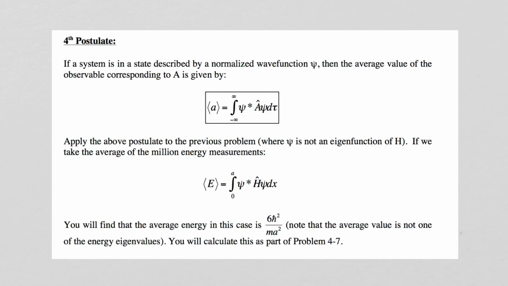So don't get caught up in applying postulate 3 to your average values. Postulate 3 only applies to your eigenvalue equation. When you're calculating an average value, you can get any value. It does not necessarily have to be one of the eigenvalues for your system.